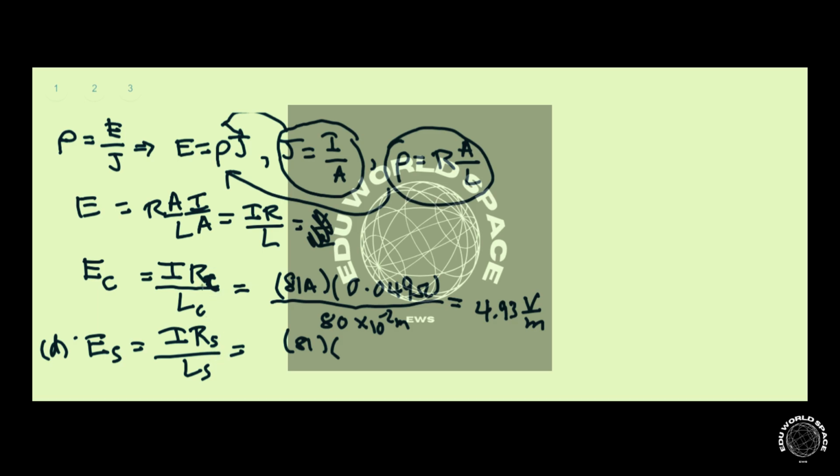Over here, I mistakenly wrote S where I meant C, but I think I plugged in the right value. Divided by 120 times 10 to the minus 2 meters, and this gives 4.21 volts per meter.